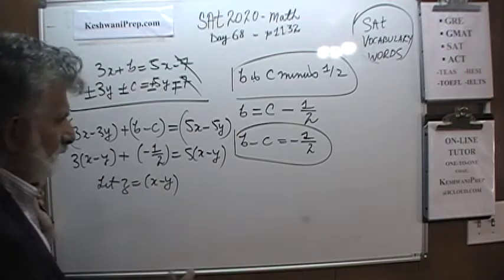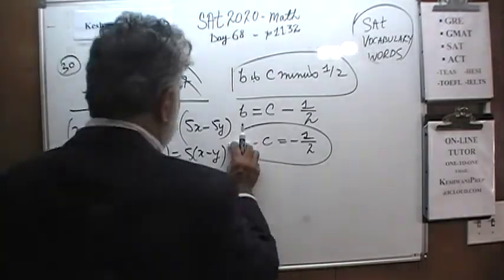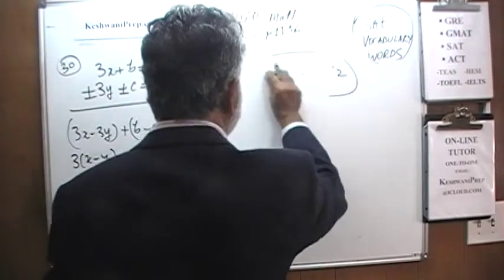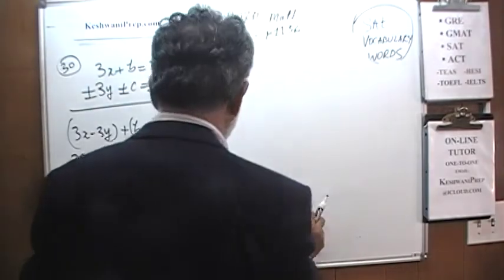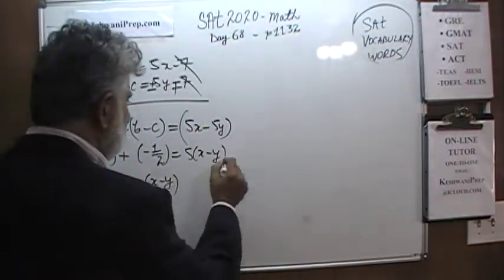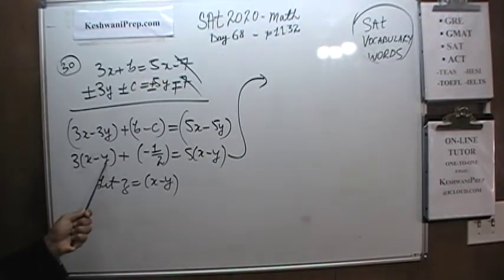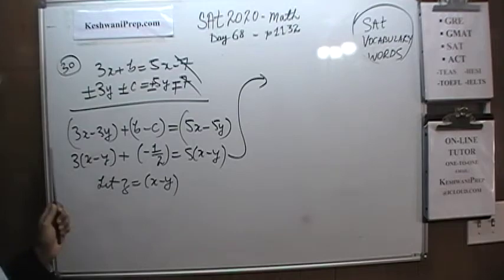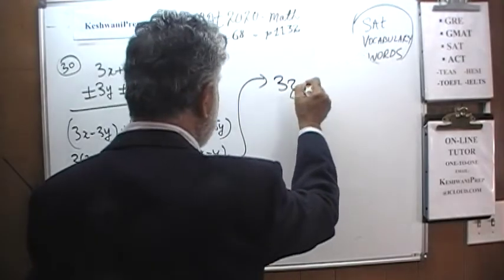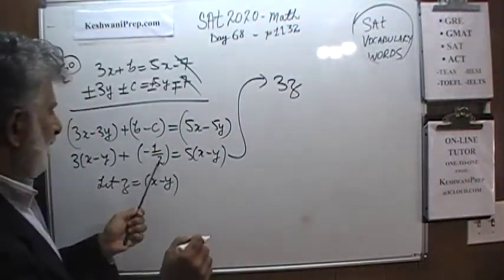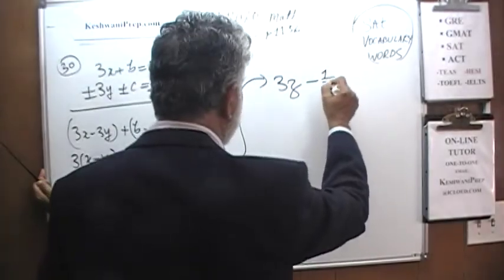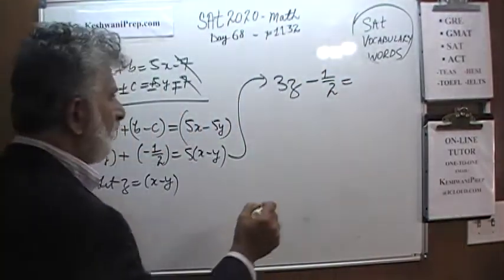Let's continue this equation right here in terms of z. So we have 3 times x minus y. X minus y we are defining as z. So we have 3 times z plus a negative 1/2, which is simply negative 1/2, equals 5z.